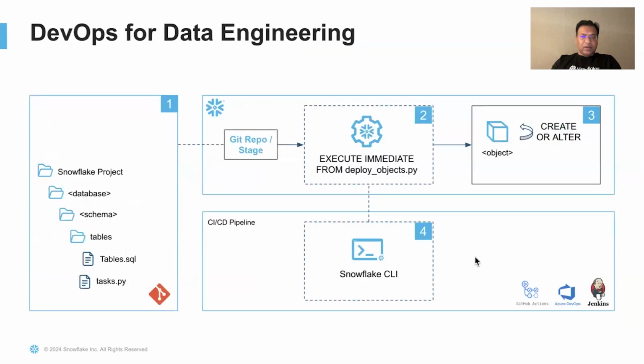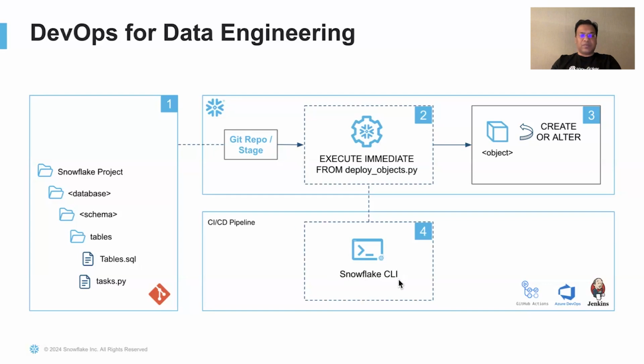Perfect. So this is where all of these things come together. Here you can see I have a Snowflake project. It can have a couple of different infrastructure files, which is for managing my tables, managing my tasks. I can write it in SQL or Python now, and I will be able to use my Snowflake CLI with the git push command so that my changes from a remote Git are synced into Snowflake in stage.